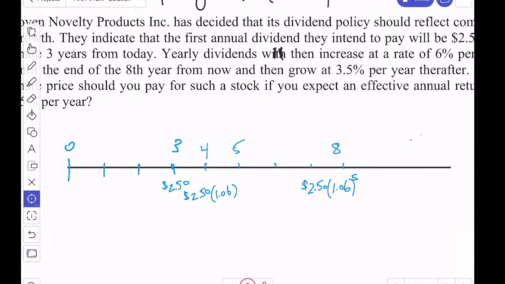And then I really need this one because the next one changes. So in here, it's 6%.